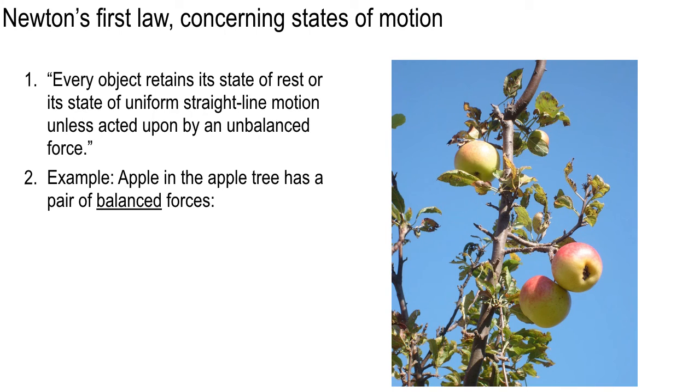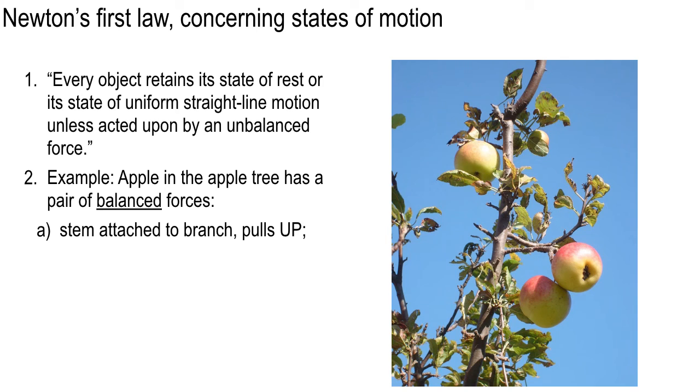He was taking a nap out in the orchard, and an apple fell out of the apple tree and went bonk right on his coconut, and woke him up from his nap. And all of a sudden, oh, universal gravitation. That's what they say. I don't think he ever said that, but I think that's what other people said. Anyway, so let's think about this apple.